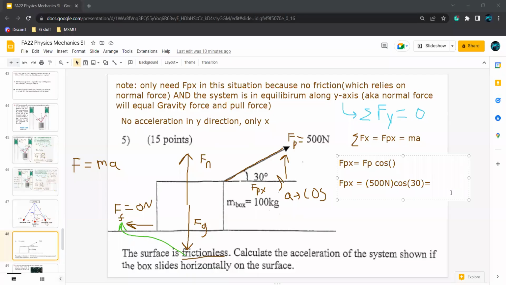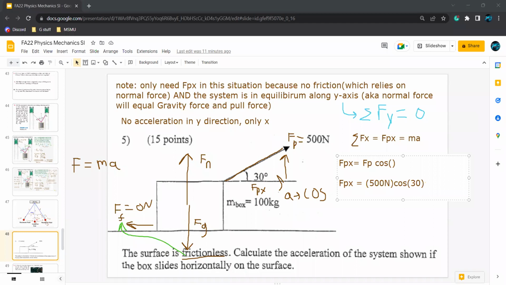I got 433 newtons. Cool. So then from there, you know that's mass. Well, I guess we probably could have solved for that first.